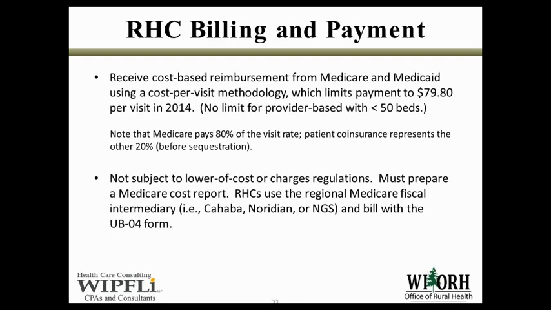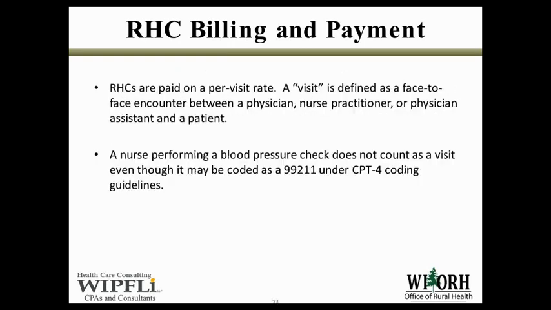Rural health clinics are not subject to a lower of cost or charge concept. It is possible that payment or reimbursement can actually be greater than what the charges were for that particular service. RHCs are required to complete a Medicare cost report and submit that within 5 months after the close of the cost reporting period on an annual basis.